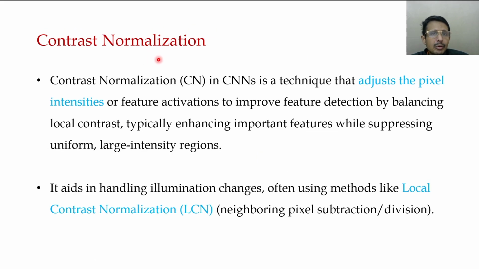Now another important thing that we need to discuss is contrast normalization, another important part of a convolutional neural network. Contrast normalization in CNN is a technique that adjusts the pixel intensities or feature activations to improve feature detection by balancing the local contrast, typically enhancing the important features while suppressing uniform large intensity regions.